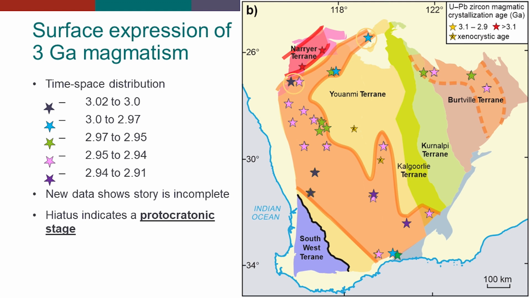However, I'll show you that one new age can change this story quite significantly. So I think we're still at a point where you get one more data point and you have to revise your story. But what we have found, as Tony suggested as well, is that there's a very significant hiatus at around about 2.9 down to about 2.82.